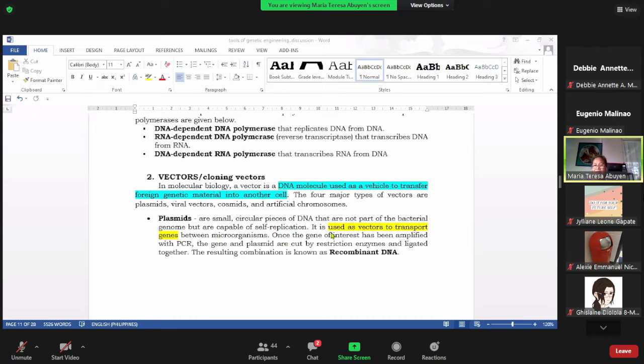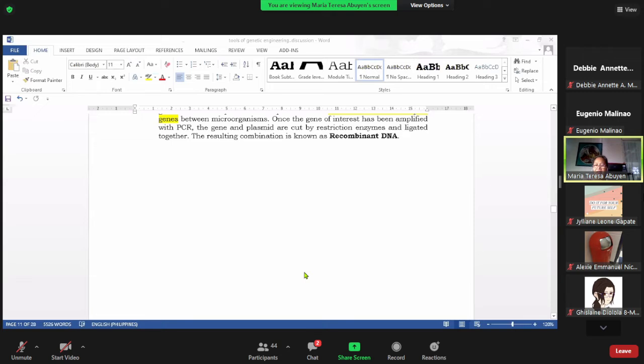Now, go back. So the plasmids are small circular pieces of DNA that are not part of the bacterial genome but are capable of self-replication. The plasmids are used as vectors to transport genes between microorganisms. Once the gene of interest has been amplified with PCR, the gene and plasmid are cut by restriction enzymes and ligated together. The resulting combination is known as recombinant DNA.